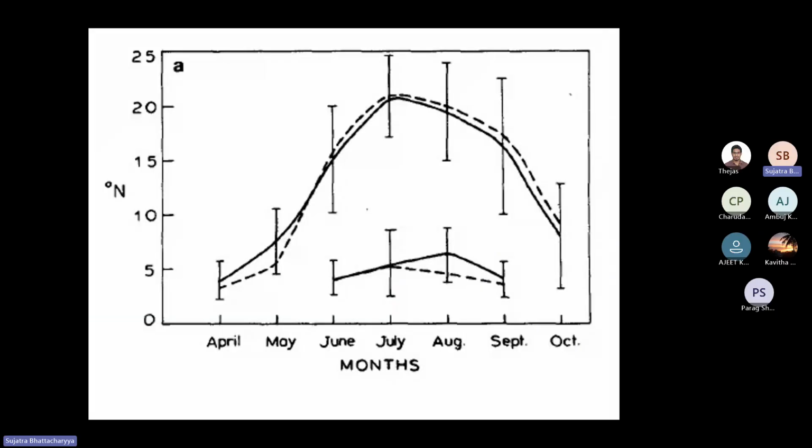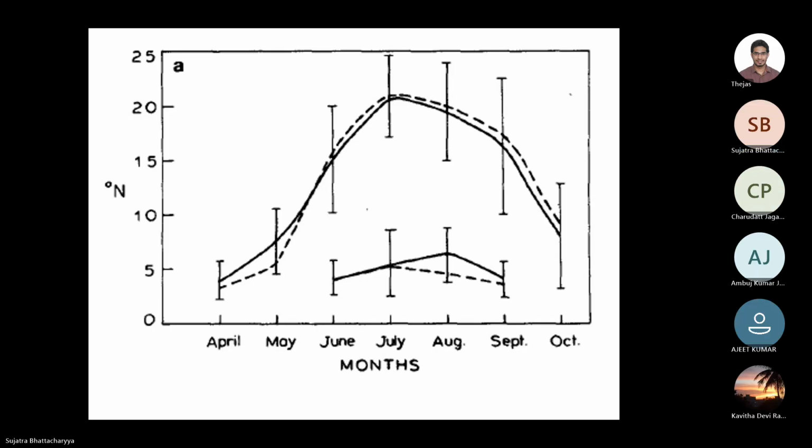Now, this is what she showed for the first time, that in the Indian region, there are two cloud bands, one near the equator and one over our region. Okay, and so she was able to show that over the period, the ITCZ which resided near the equator traveled all the way to India and then went back, on a long time scale, not synoptic.